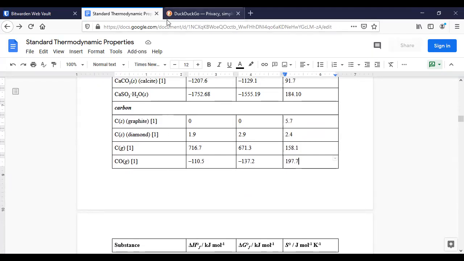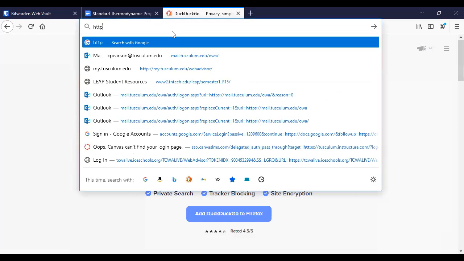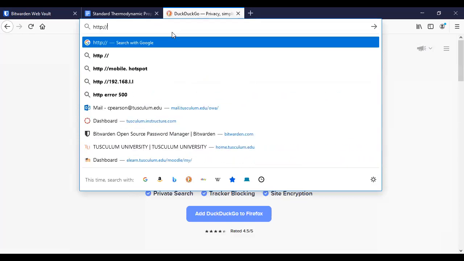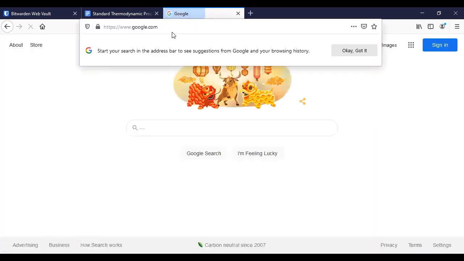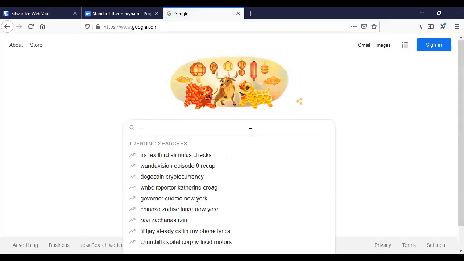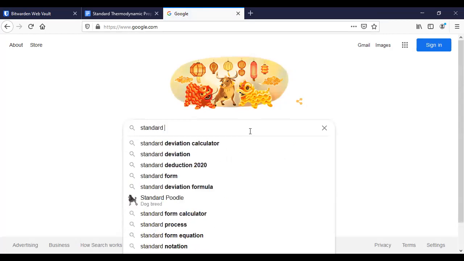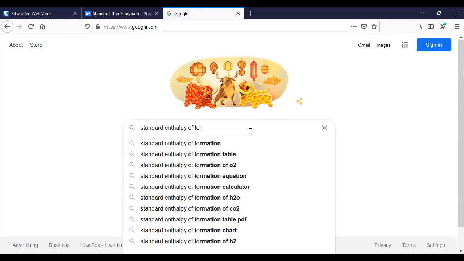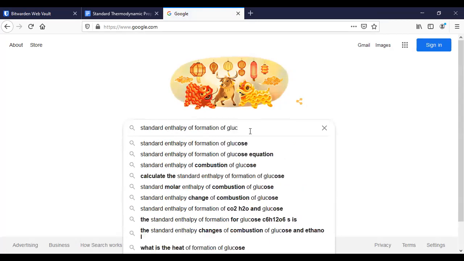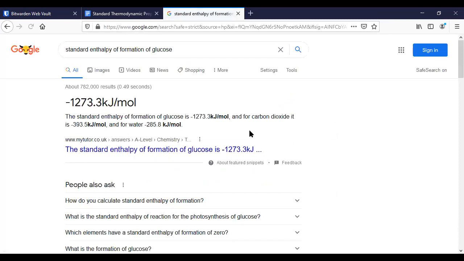Well, this is why Google exists. DuckDuckGo works, but Google works a little bit better even. Search for the standard enthalpy of formation of glucose. The miracle of Google is it doesn't just give you the answer, it gives you the answer right up front.